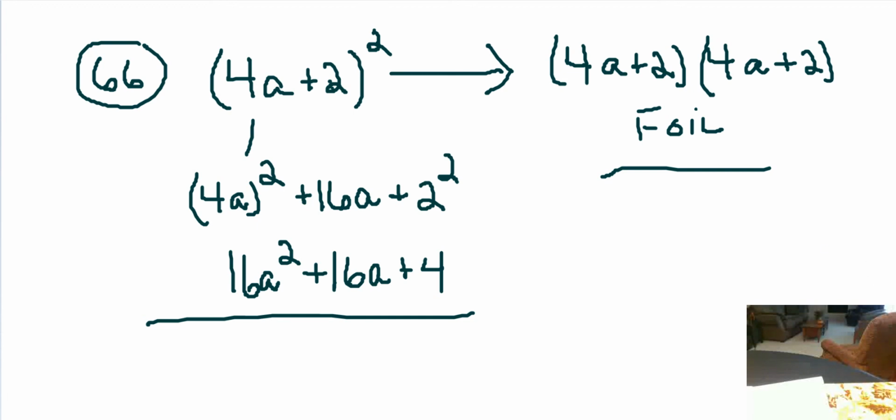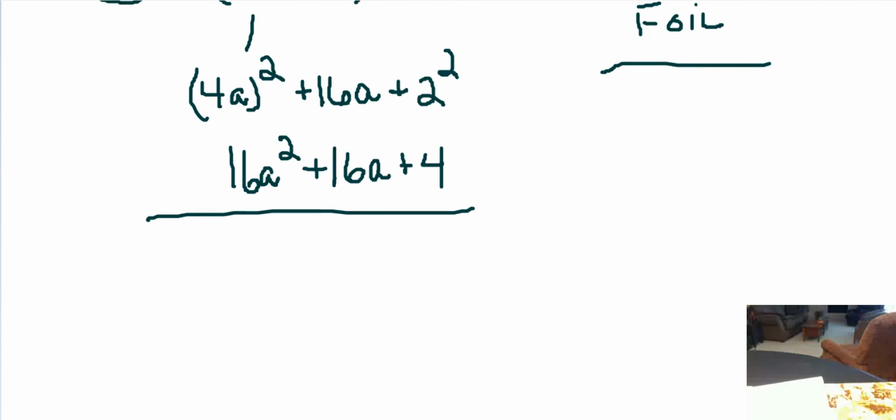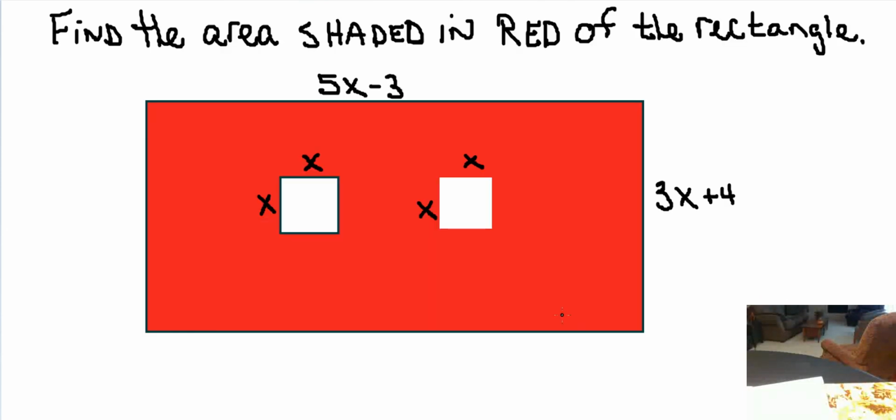Okay, couple more ideas here. Let me set this up. Okay, so here is a challenging problem, if you will. We have to find the area shaded in red of this rectangle. Just the red area is what we have to find.